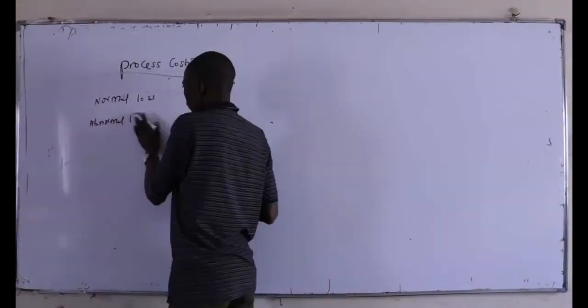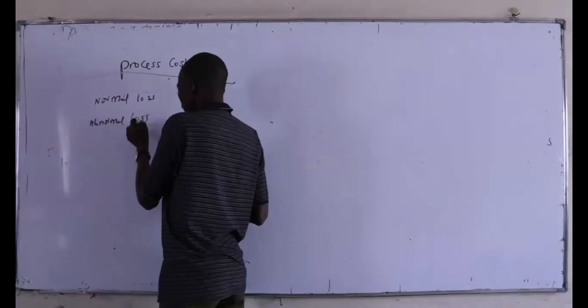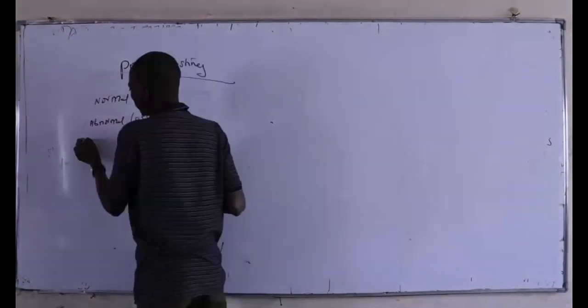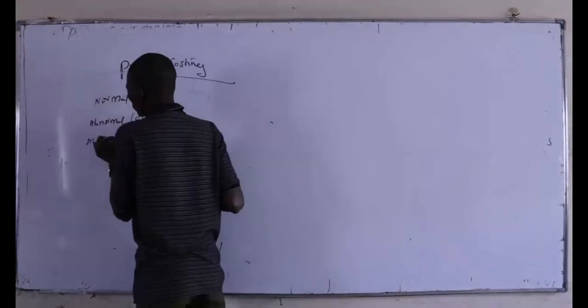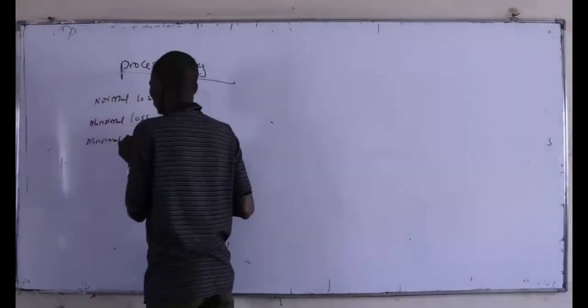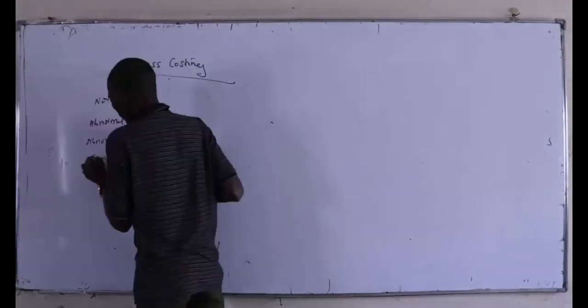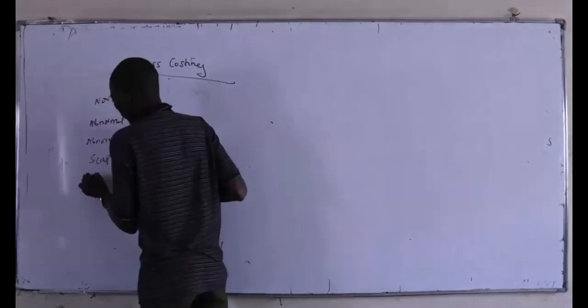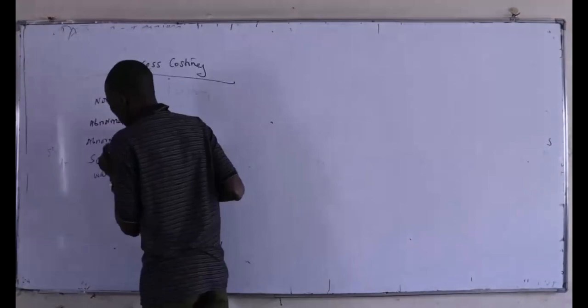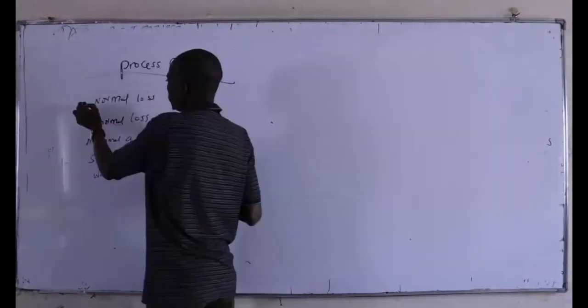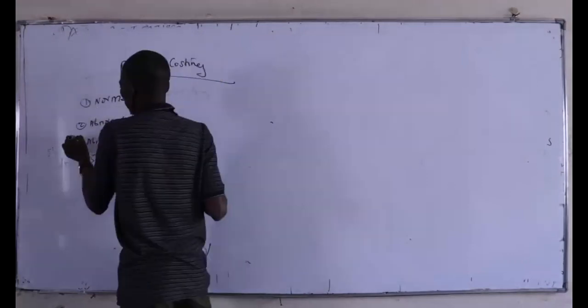We have what we call abnormal gain. We have what we call scrap, and we have what we call waste. So it is important for us to understand all these five terms.